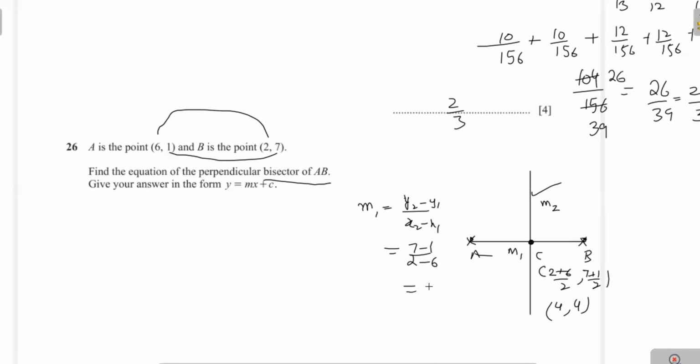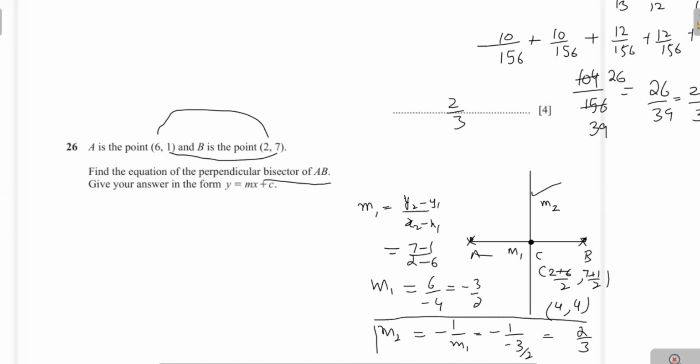We can write 6 over minus 4, and this will be equal to minus 3 over 2. Therefore, m2 will be equal to minus 1 over m1. This will be equal to minus 1 over minus 3 over 2, which equals 2 over 3. This is the gradient of the perpendicular bisector.